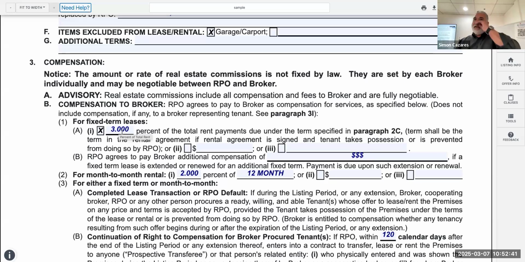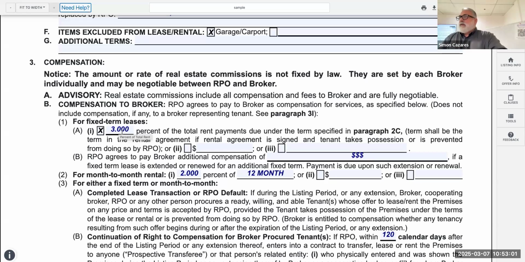Okay, so you have the ability to do a percentage, or you also have the ability to do a flat fee, meaning I'm going to only charge you, $1,000 as an example, for the services to do the paperwork or a percentage of it as well. Does that make sense? Okay.